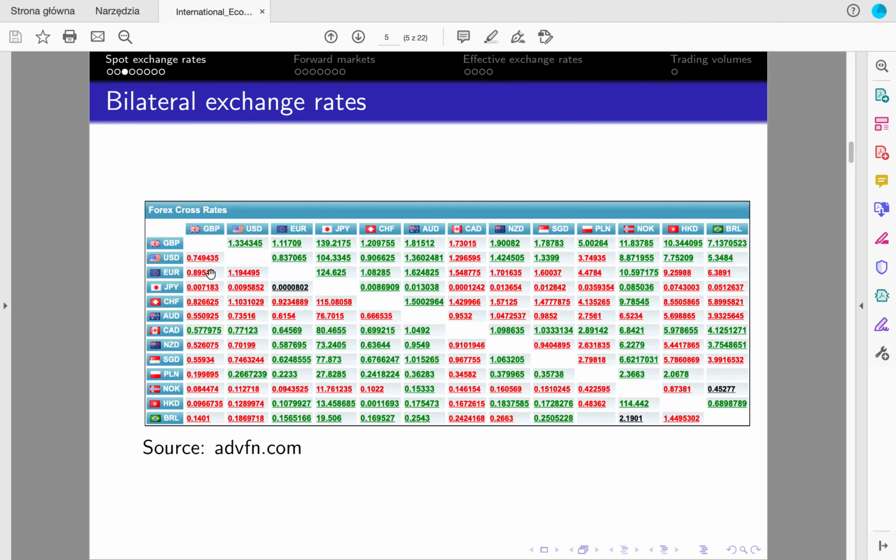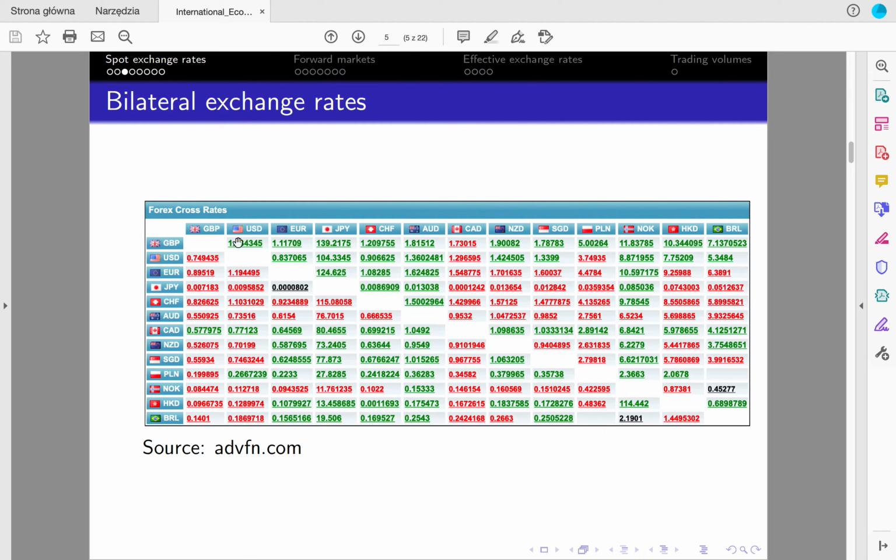But let's notice a couple of other features of this table. One thing we can notice is that some numbers are red, while other numbers are green. Well, a red number denotes depreciation of a currency, and a green number means appreciation of a currency.